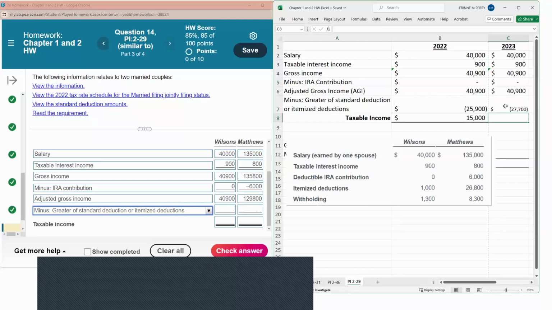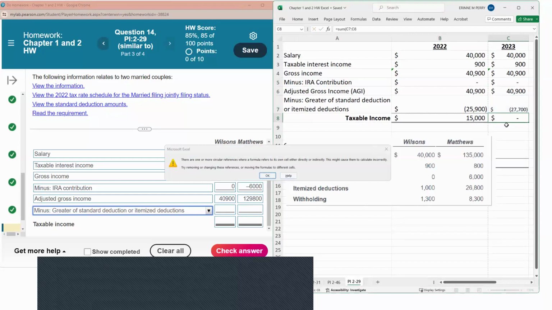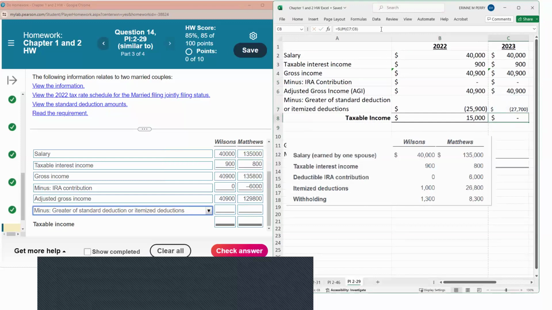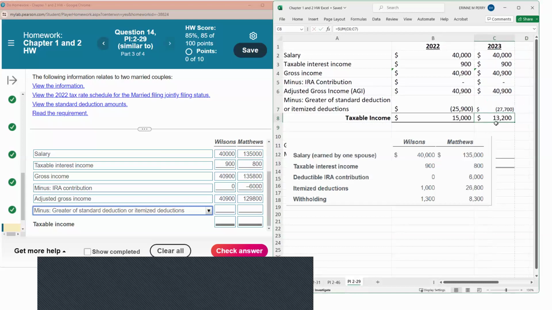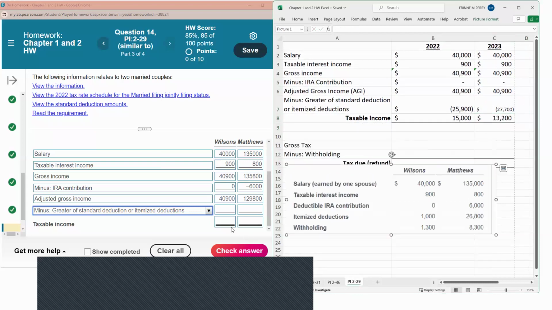And in both cases, the standard deduction works better in the Wilsons' favor because their itemized deductions are only $1,000. So therefore, in 2023, their taxable income would be $13,200. So you essentially get to see the impact from year to year of the standard deduction and how it works, right? So that's for the Wilsons.